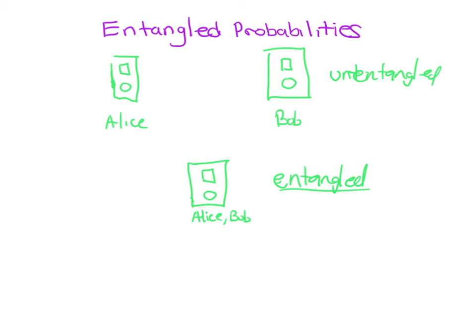And calculating the probability amplitudes allows for the possibility of interference effects, which is something that's quite quantum mechanical. And there isn't a good analog of that in classical probabilities.